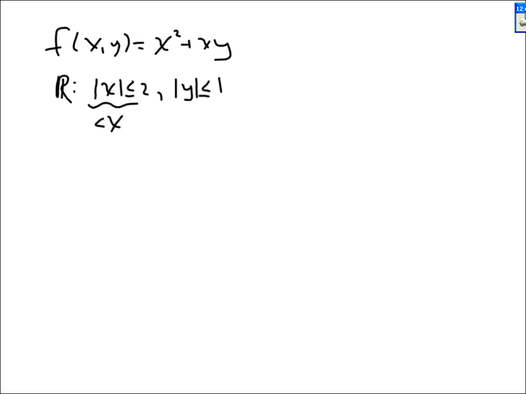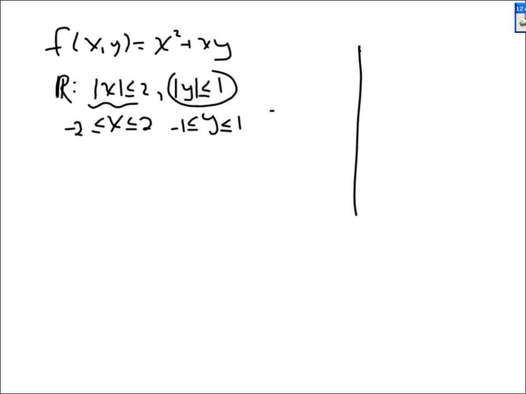This means that x is in between negative 2 and 2, and this means that y is in between negative 1 and 1. It's this square right here.